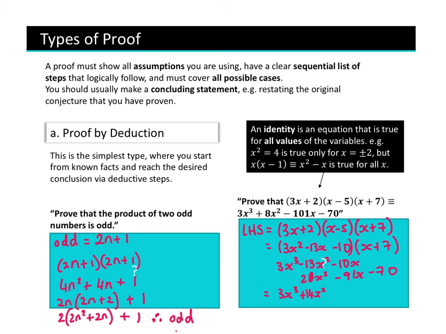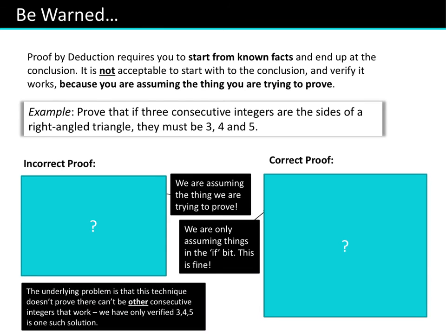That makes sense. So then I have 8x squared minus 10 minus 91 is minus 101x minus 70. Now this equals the right-hand side, which here is my right-hand side. That was what I was trying to prove. Therefore, proved.